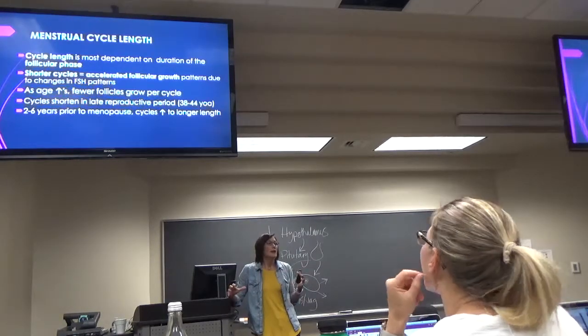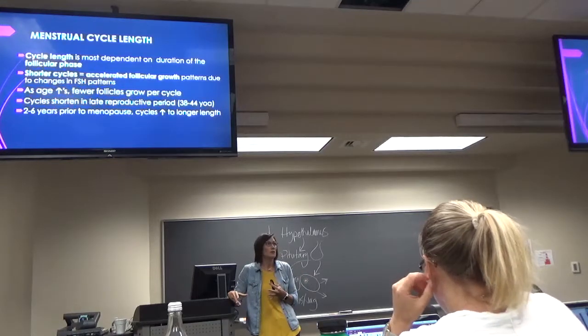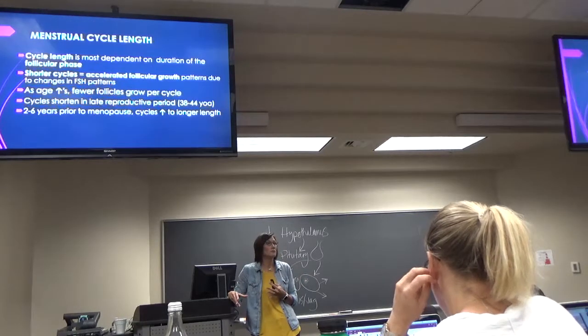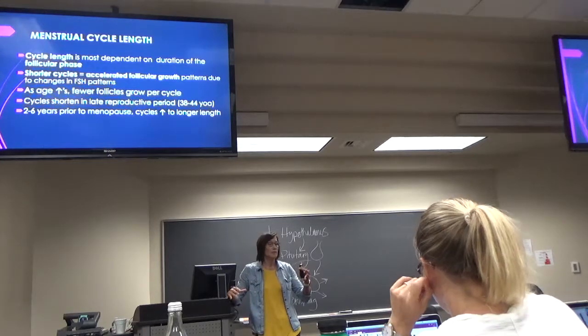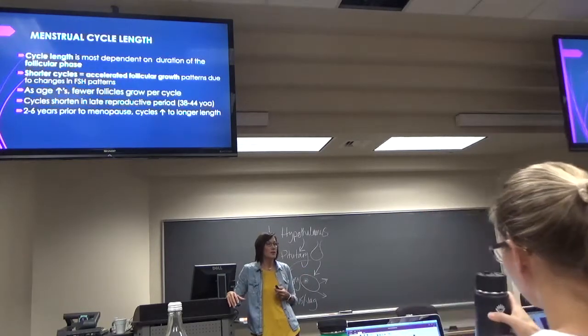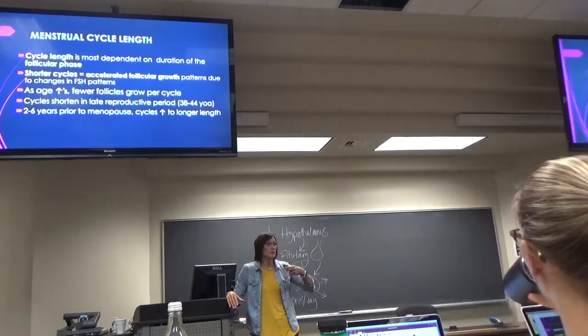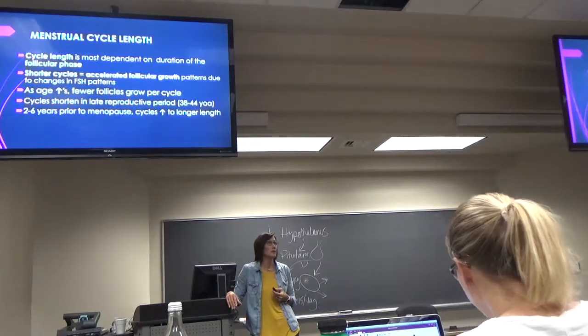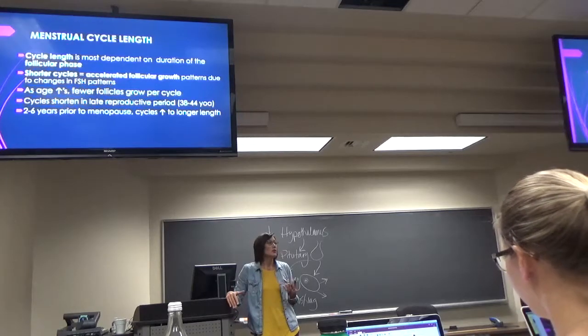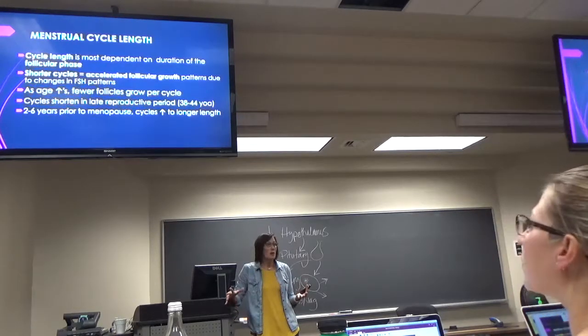So if you have shorter cycles, like if you're having bleeding in between periods and a cycle that's less than every 3 weeks, it's usually due to the follicular phase happening too fast, which goes with an FSH pattern. You'll learn more about this in the menopause lecture.